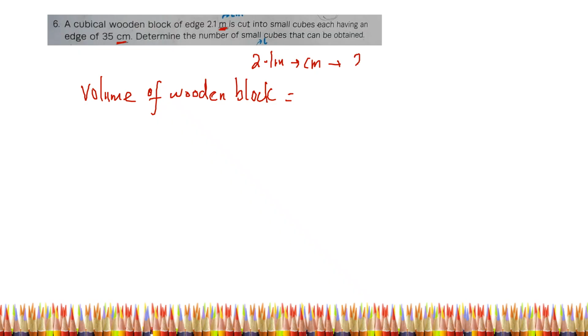That is 2.1 multiplied by 100, because 1 meter is equal to 100 centimeter, and this will give you 210 centimeter. So that means volume of the wooden block will be 210 multiplied by 210 multiplied by 210.